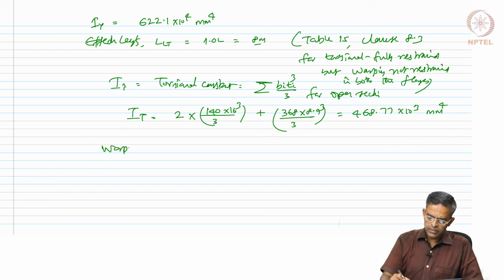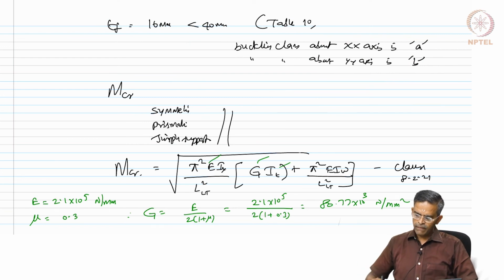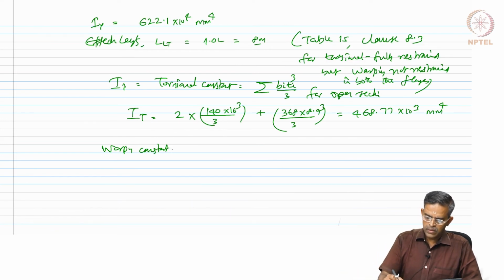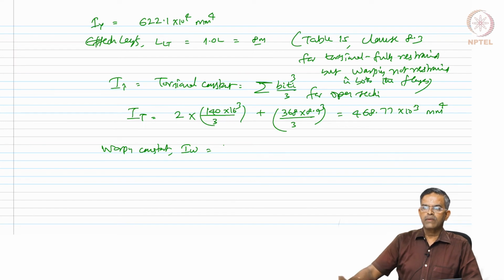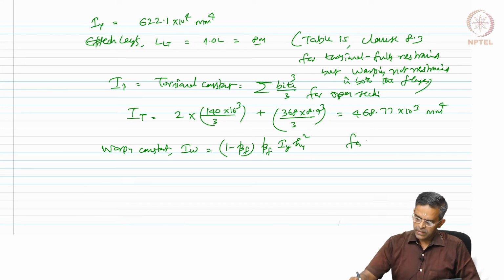Warping constant. So, let us say It we have, LLT we have, we want to find Iw. So, warping constant Iw is 1 minus beta f, beta f Iy hy square. This is for I sections.